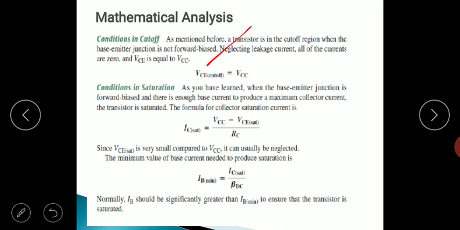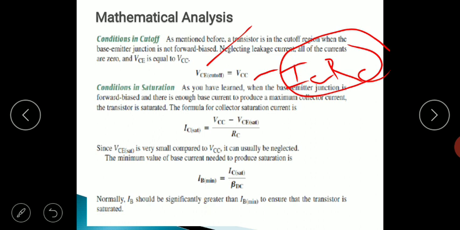You may ask how we will get this. If you apply KVL to the output side, we will get the equation VCE equal to VCC minus IC into RC, but this part, minus IC into RC, is 0 because collector current IC is 0.